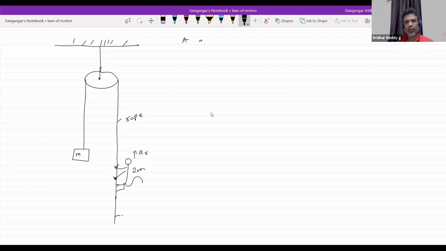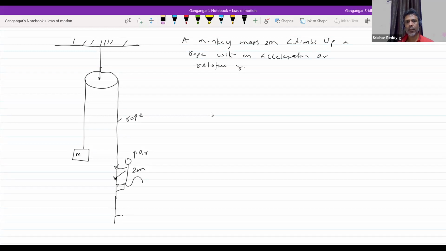So a monkey of mass 2m climbs up a rope with acceleration AR relative to the rope.